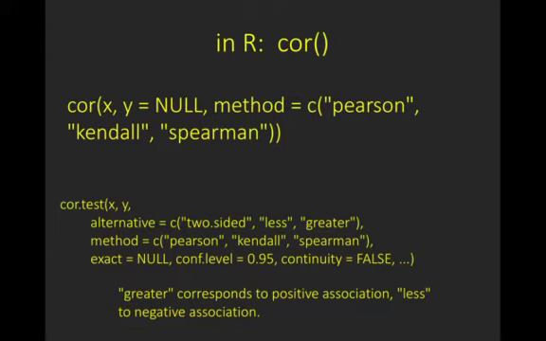So just a real brief rundown of how this works in R. This is just another function. This is the cor function, or the cor.test function. With cor, you can put in x and y, your two variables, and then indicate the method of correlation that you want.